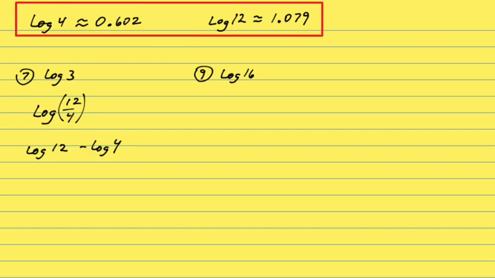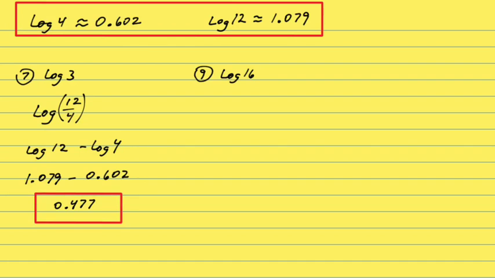And I know these values. You use 1.079 minus the 0.602. And I think you would get about 0.477.